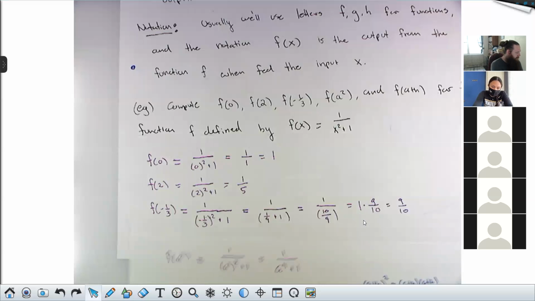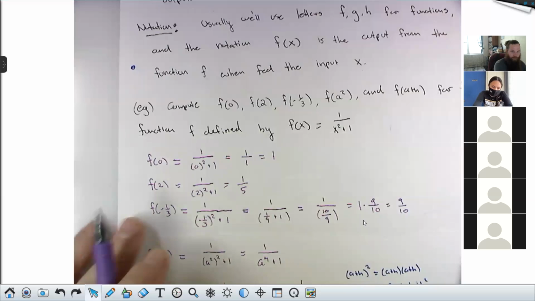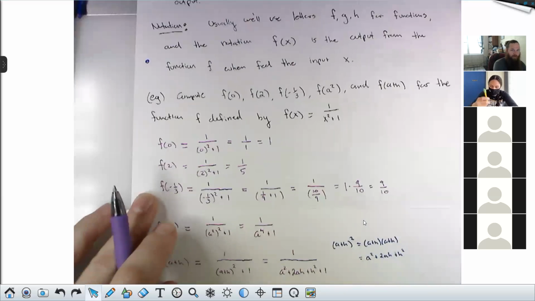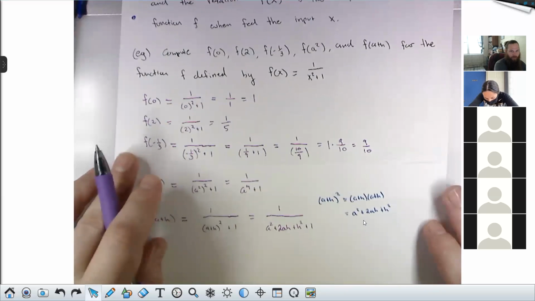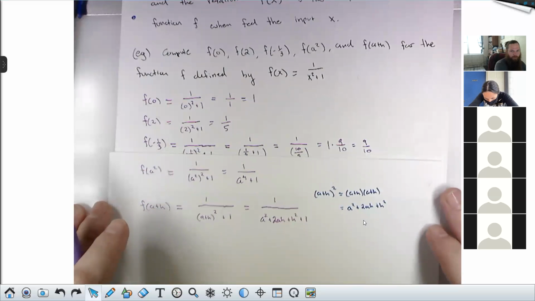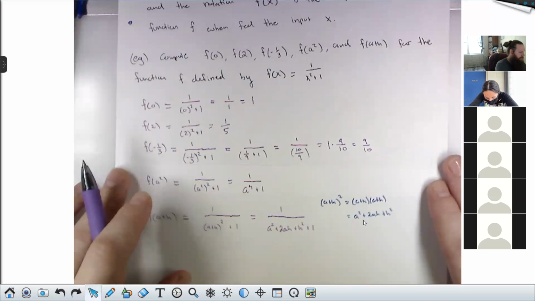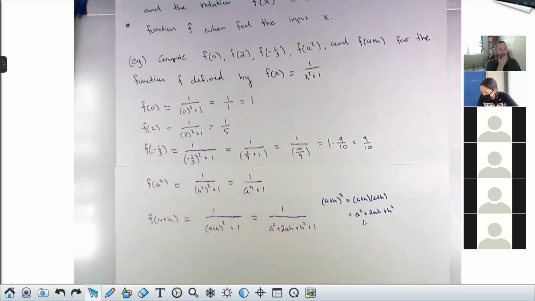So the way I've described this function for you in our example here is what's called an algebraic description of the function. I just give you a formula for the output in terms of the input. But that's not the only way to describe a function. There's lots of other ways we can convey what the rule is for a given function.